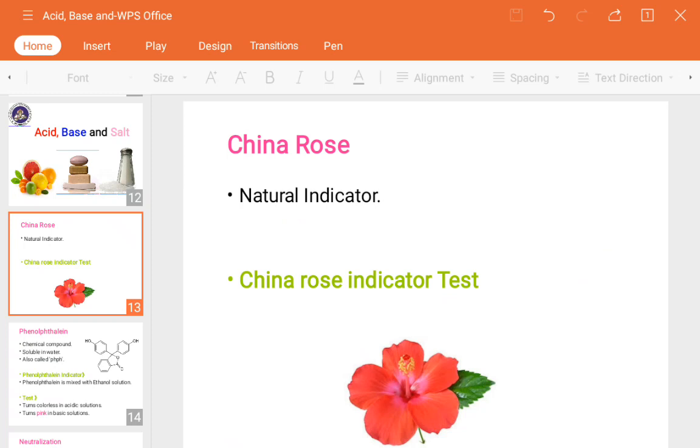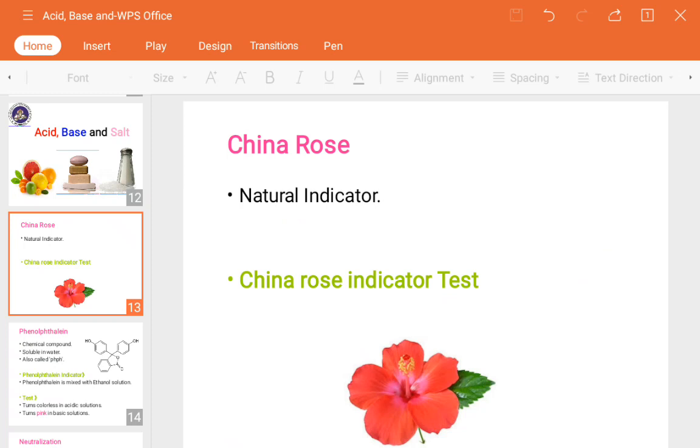If it turns green, it indicates that the solution is basic in nature. So if the pink color is darker, the solution is acidic; if the green color appears, it is a basic solution. This was about China rose, a natural way to find out whether a solution is basic or acidic.